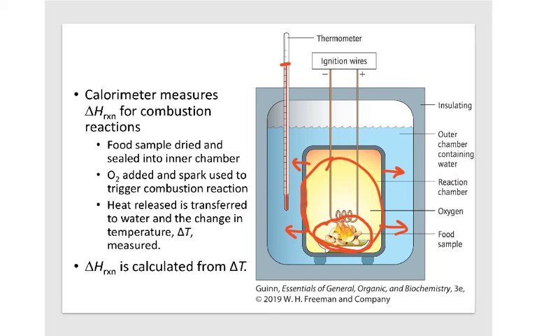So this is a very common experiment to do in a lab. You can even do it simply in a coffee cup sometimes. You would burn some piece of food and measure the temperature change of the water. If you know the mass of water, then you can determine the energy required to heat the water, which is equal to the energy released by the reaction. So that's how we get these kinds of numbers.